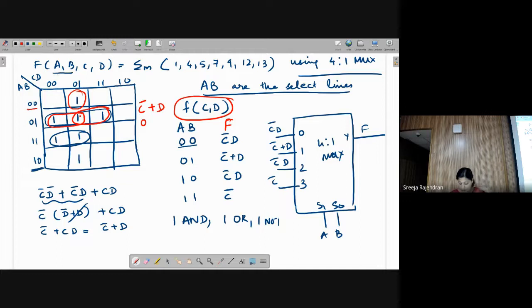Now C and D only will be the other inputs which are going to govern my outputs, right? So you can see that all of them are functions of C and D only, either C or C and D. Yes or no? As I told initially, all those things are okay.